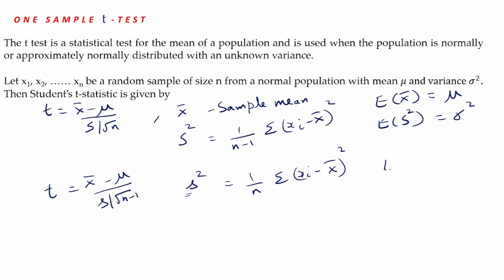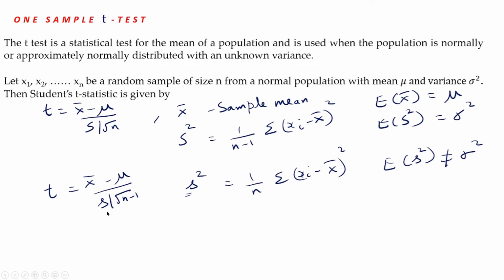On the other hand, expectation of small s square is not equal to sigma square. So we cannot use small s upon root n in this t statistic. It is because of this reason that we have to use t is equal to x bar minus mu upon S by root n if capital S is given.